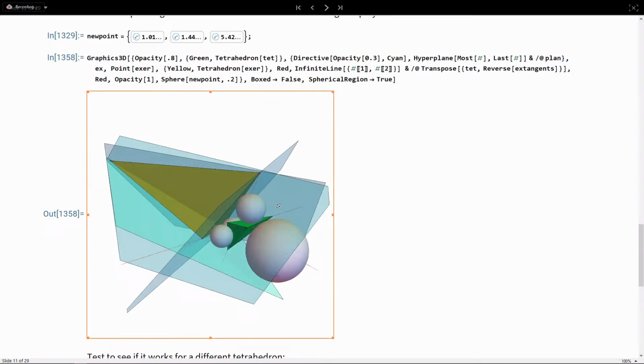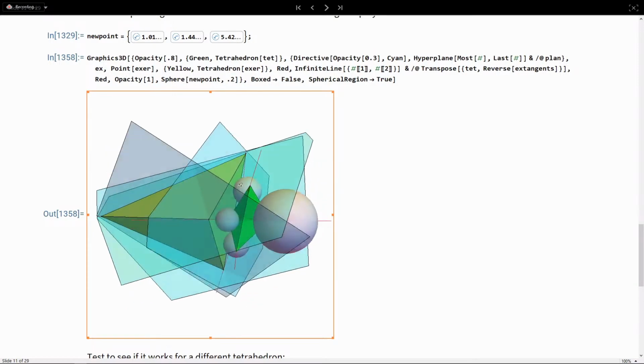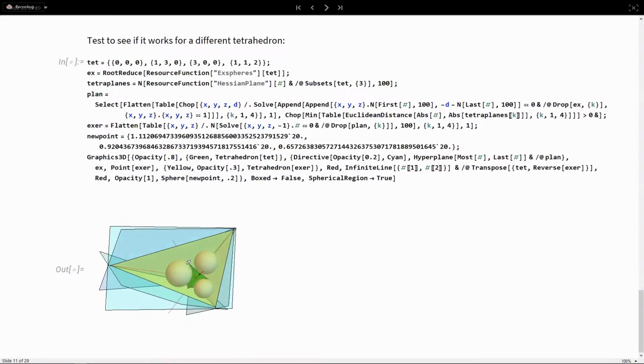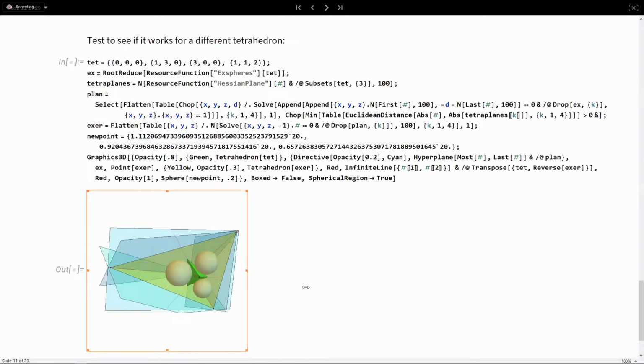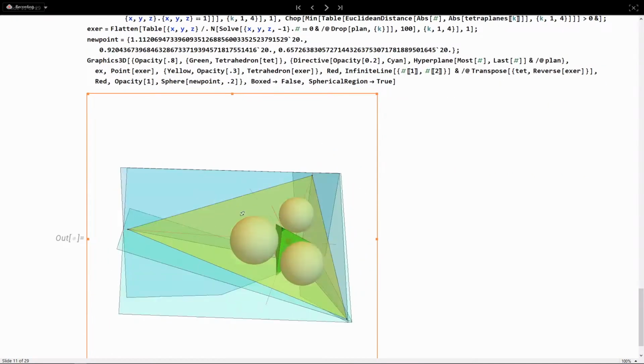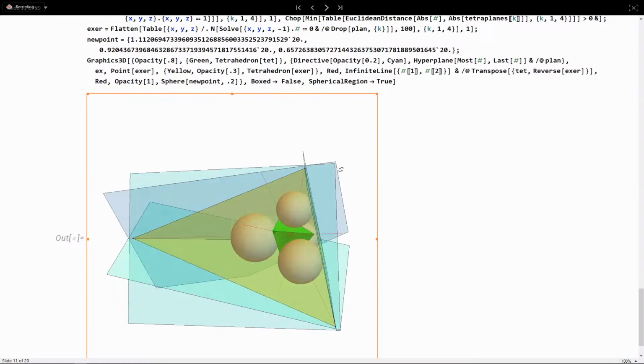The concurrence point for the extangents tetrahedra and the original tetrahedra seems to produce a new point, and we can check that with a different tetrahedron. And here that is here. I've tried it with some others, and it always seems to work with tetrahedra of any type.